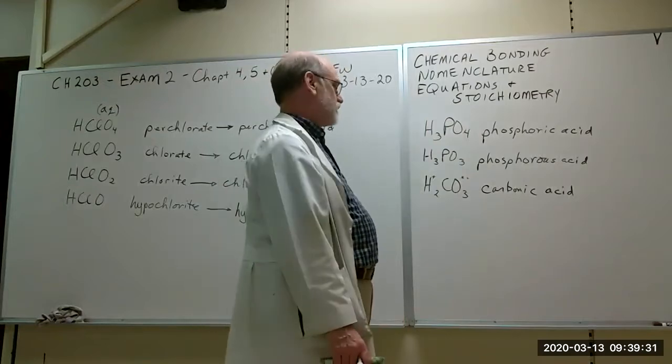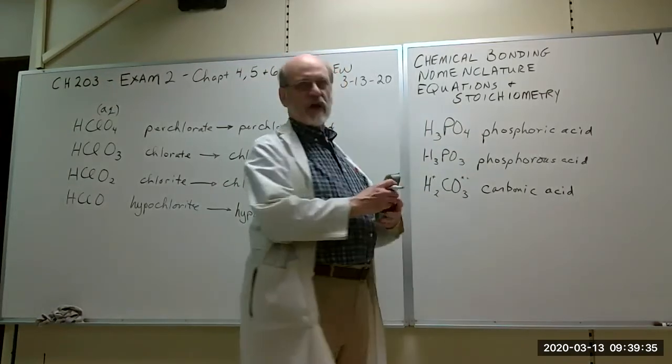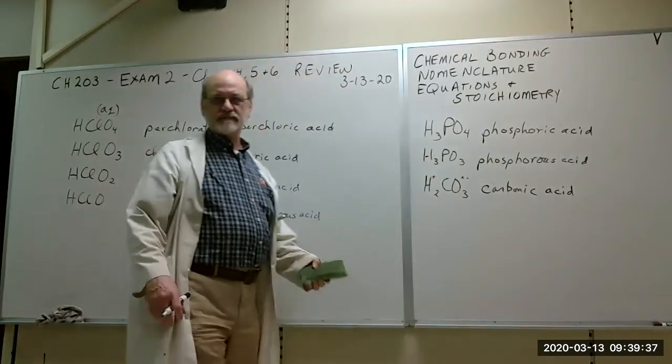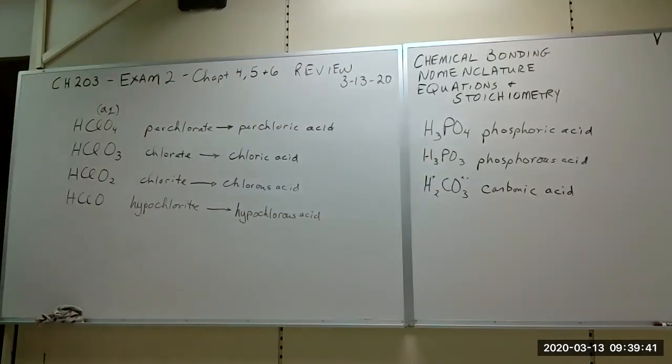Actually, it's not ferric, it's probably ferrous, so that it's soluble. Iron 3 phosphate is insoluble, iron 2 phosphate is soluble. So if the nail's gone, you don't see any sediment at the bottom. There you go. Okay, so we got our nomenclature done.